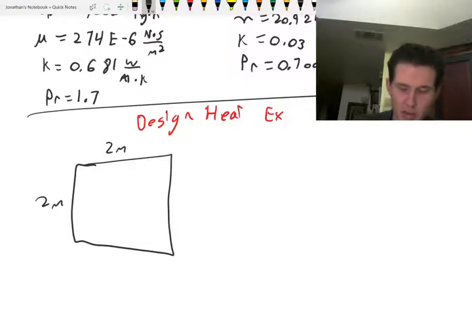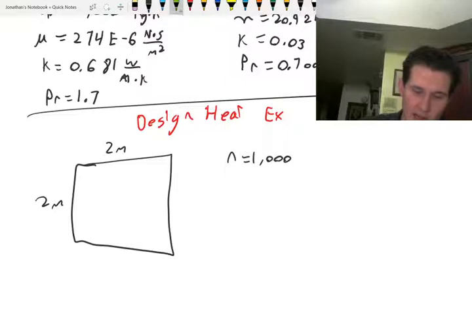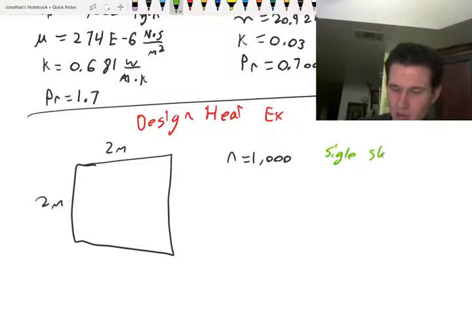We're essentially working with 2 meters by 2 meters in a section. So I went ahead and made some design choices for you. We have 1,000 tubes, so N equals 1,000 here. And we're going to run it as a single shell pass.